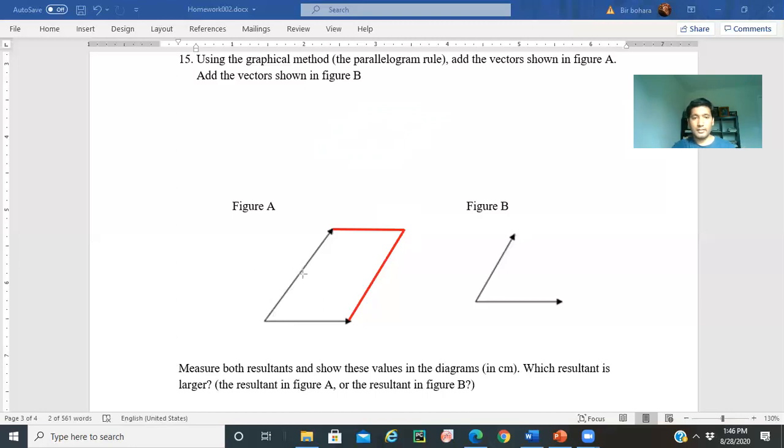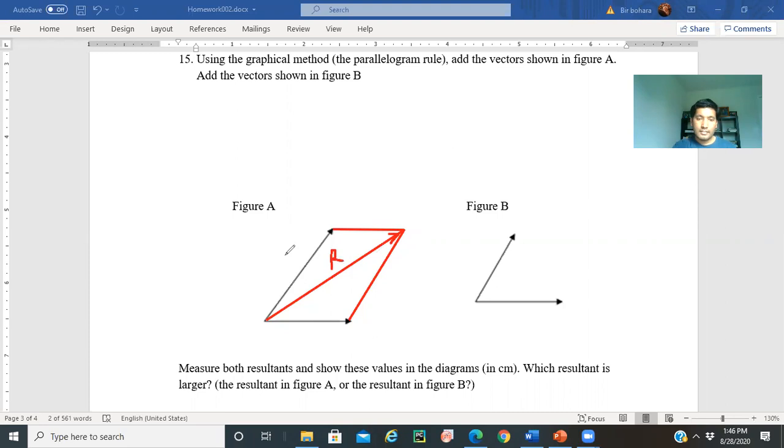After completing this parallelogram, draw a line from this corner to this corner and put a little vector sign here, an arrowhead here, right? This is the resultant, that is the sum of the vectors.